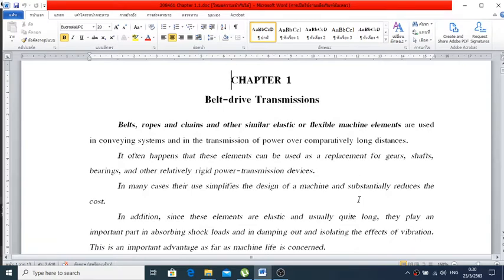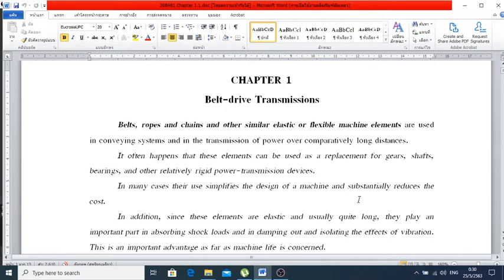Belts, chains, and other similar elastic or flexible machine elements are used in conveying systems and in the transmission of power over comparatively long distances. We're going to talk together about chapter one and chapter two.